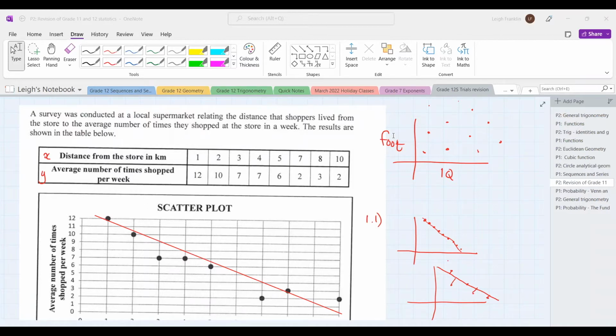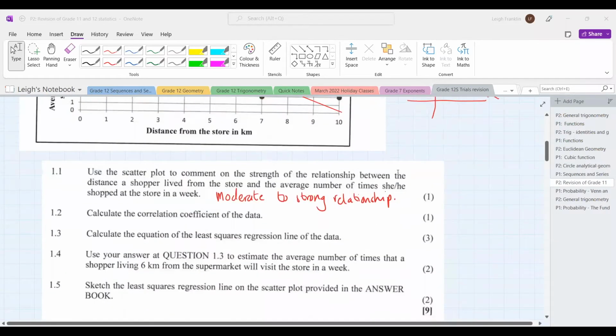Okay, Kaiser? Just look at your calculator again. That's better. I agree. So remember, all of these are going to be rounded off to 2 decimal places. So here we would have said negative 0.95. Okay, so moderate to strong.